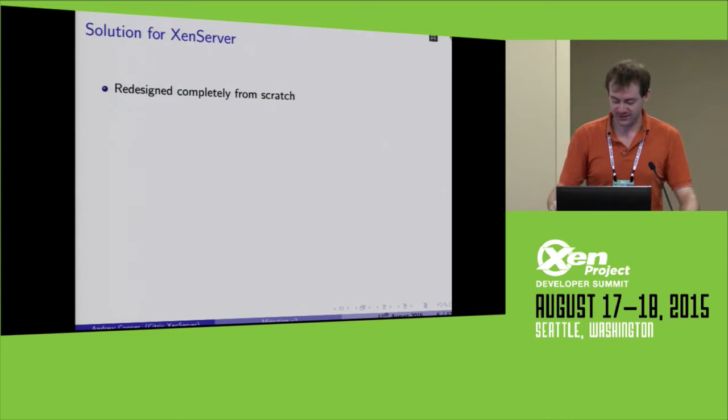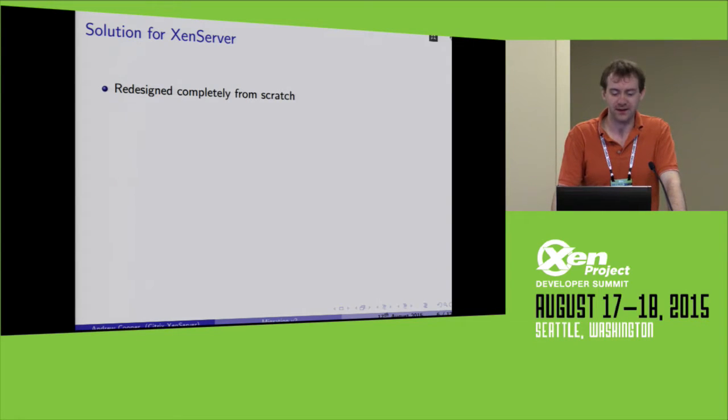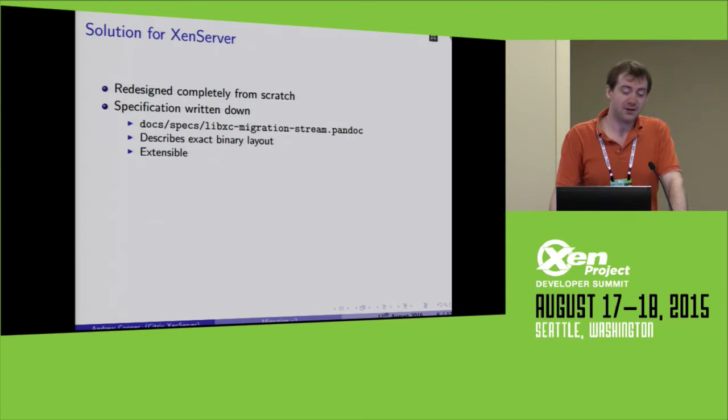What we had to do for XenServer was a little bit radical. We decided that what was currently there was sufficiently broken that it couldn't be fixed, so we applied some engineering to the problem, and we designed Migration V2 completely from scratch. Started by writing it down. In fact, that document was written before any code was written.